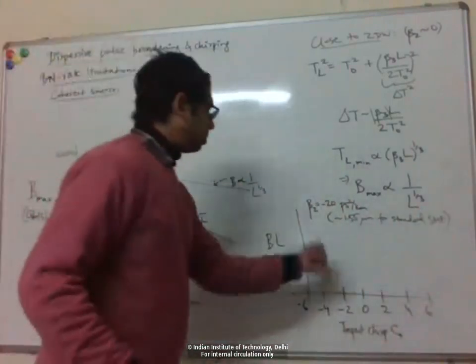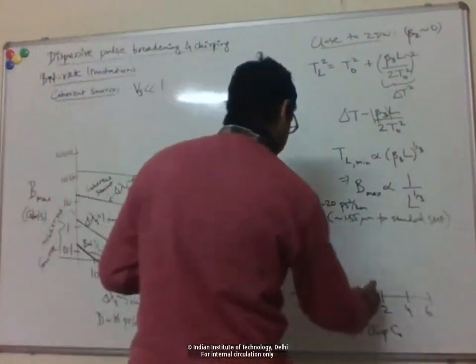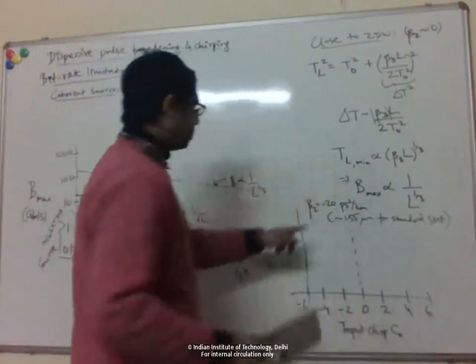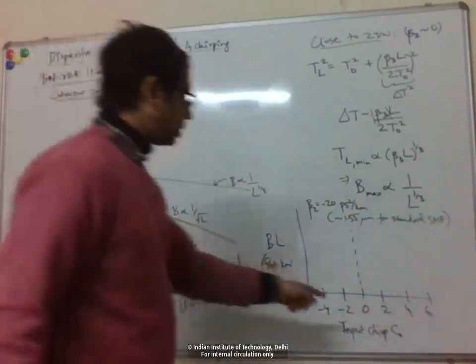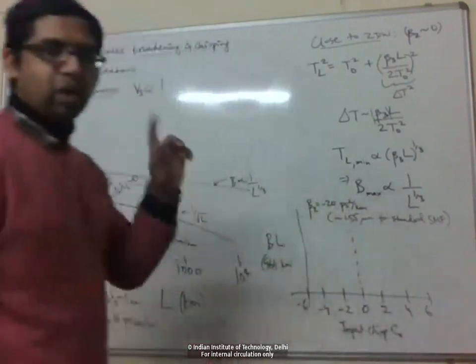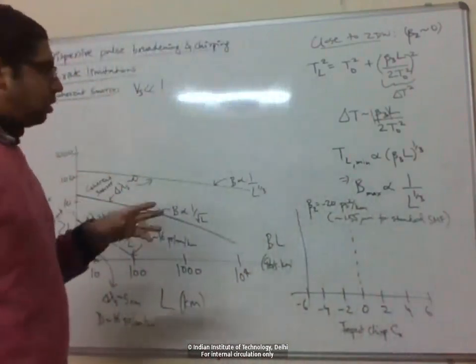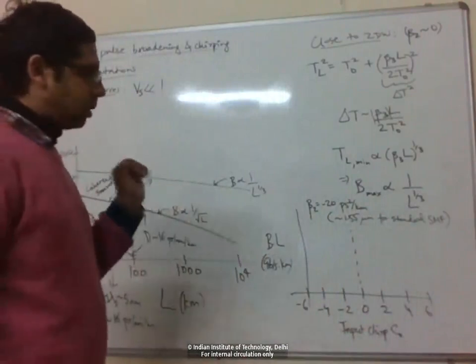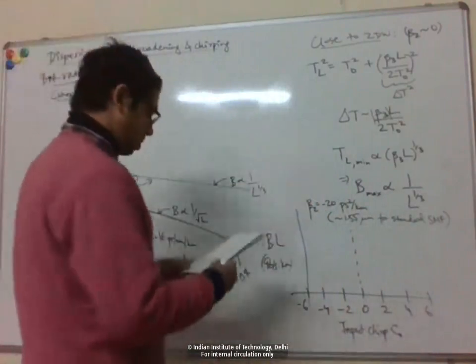So as we vary the chirp, you can see beta 2 is negative. That means the optimum will happen when the chirp is positive. Remember, we want beta 2 times C to be negative. That's when we first get compression up to some point and then it starts broadening. So that's the best case scenario.